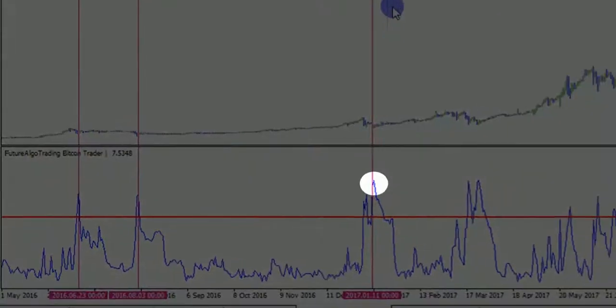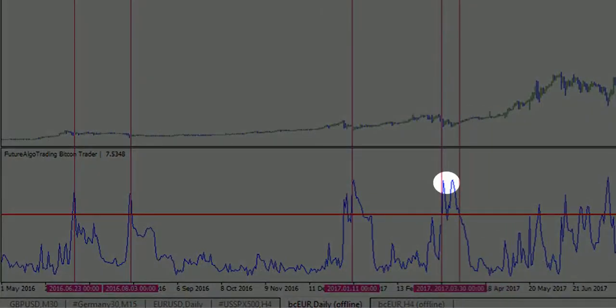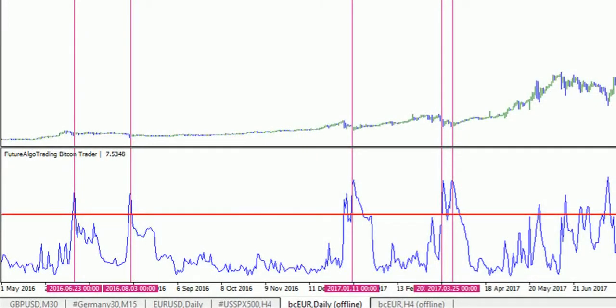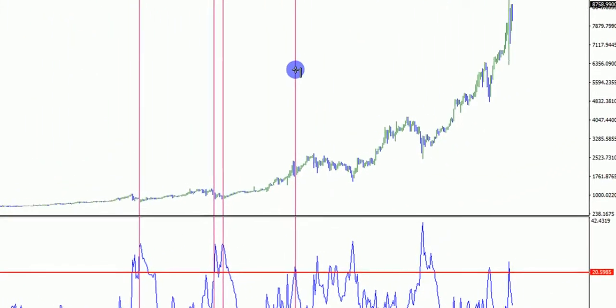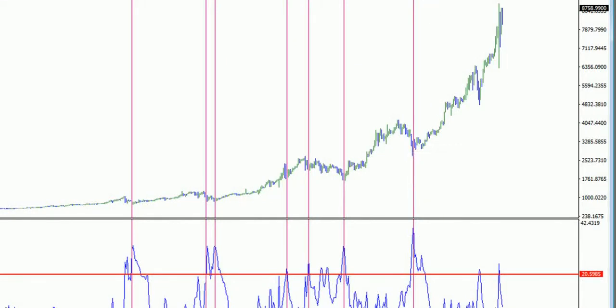Once again, lovely place to buy there, and there, and there, and we have further opportunities here, and here, and here, and of course a really lovely opportunity there on that low before the big run up.